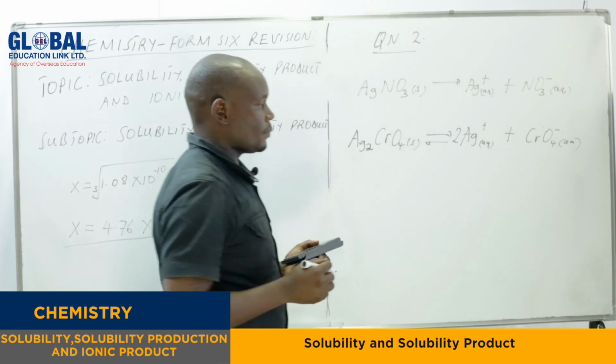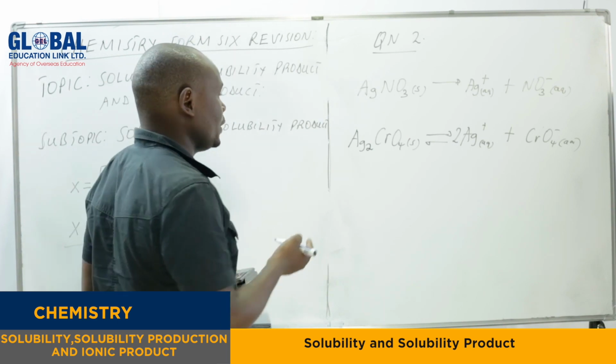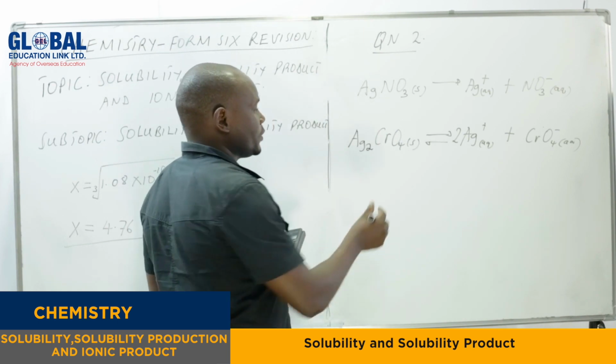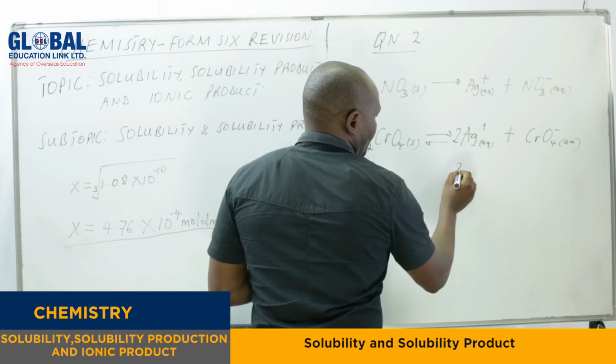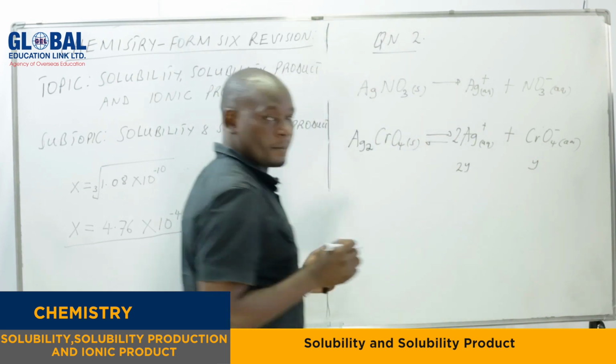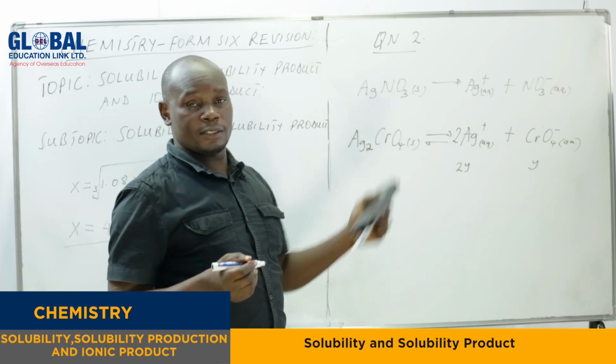Aqueous. Now remember, we said that if we rate the solubility of silver chromate in this one, let us call it y. So here will be 2y, and here will be y, if we rate the solubility of silver chromate in silver nitrate.